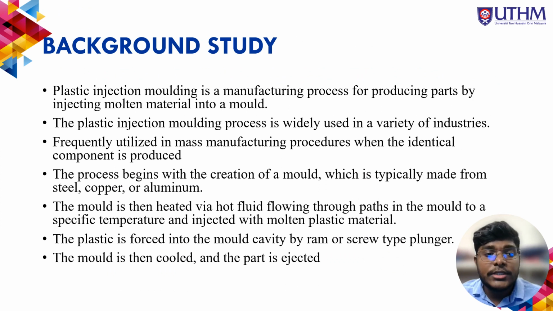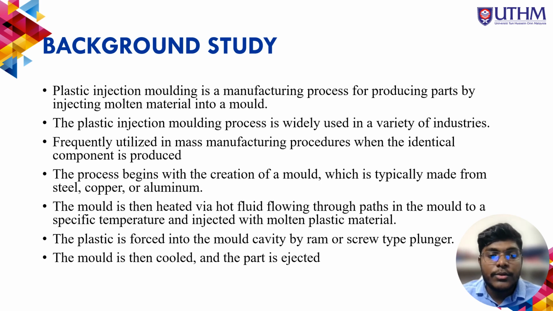The first slide is about the background study. Firstly, plastic injection molding is a manufacturing process for producing parts by injecting molten material into a mold. The process is widely used in a variety of industries.